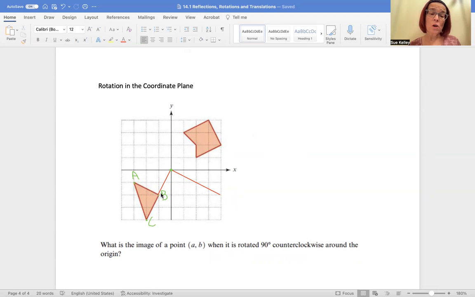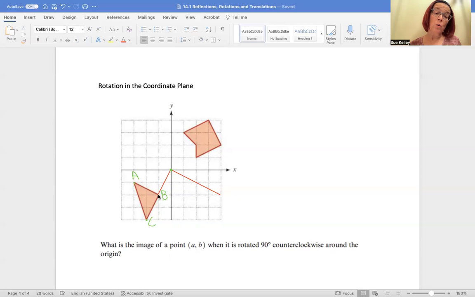And I've also tried to draw here an example of the 90-degree angle. We are going to rotate this 90 degrees counterclockwise around the origin.